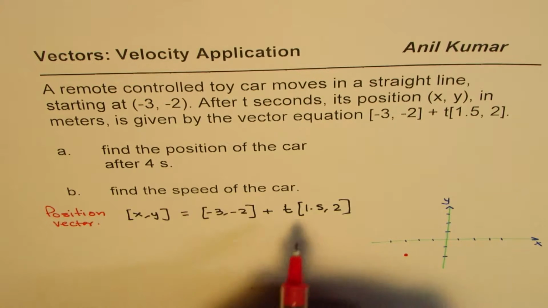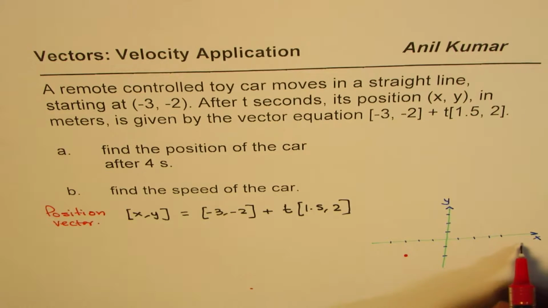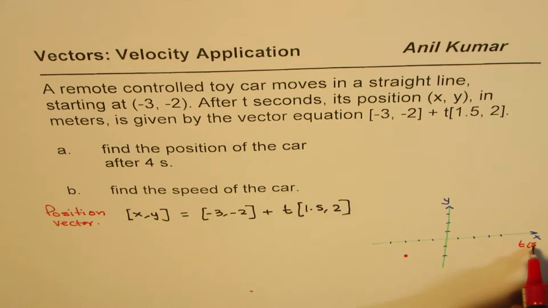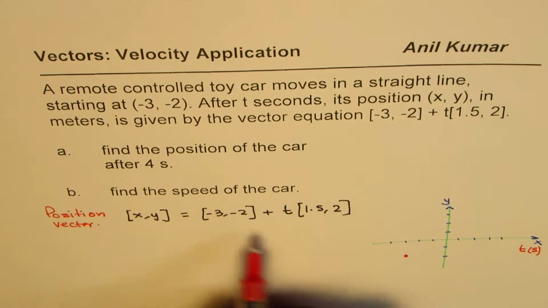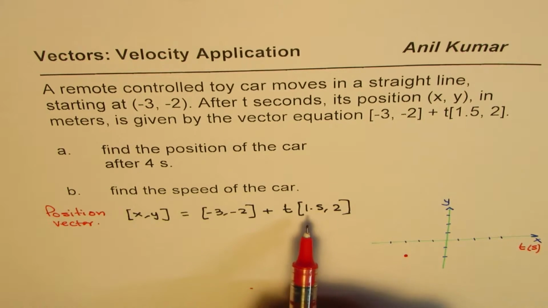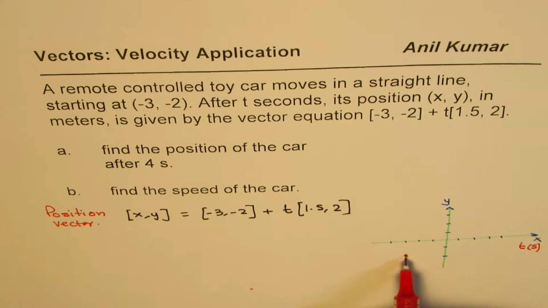That's the starting point. And t gives you time actually. So you can treat this axis also as time, and time is in seconds. So it starts from here. And let's say every unit of time, which is seconds in this case, the toy car moves 1.5 along the x-axis and 2 above.